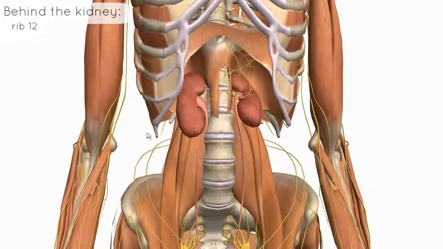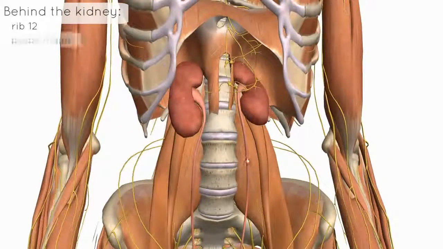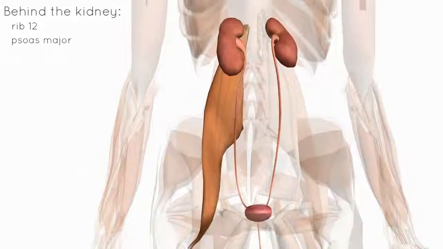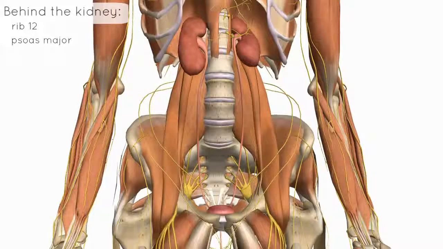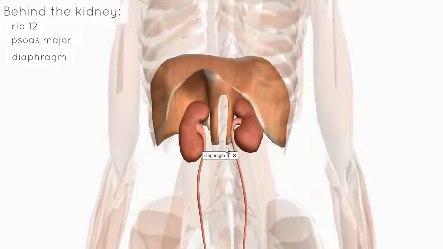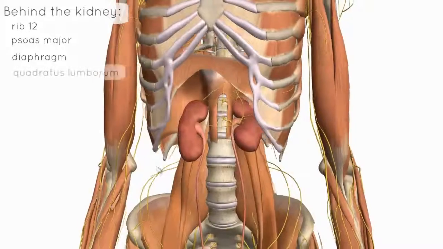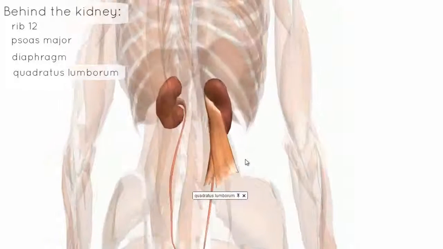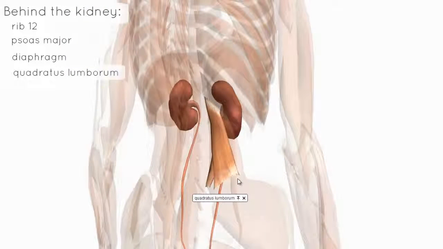You can see the psoas major on either side sits behind it. And you've got the diaphragm, so the posterior parts of the diaphragm sitting behind the kidney. You've got the quadratus lumborum, which is this muscle here. It's obscured in this model by the huge psoas major muscle.